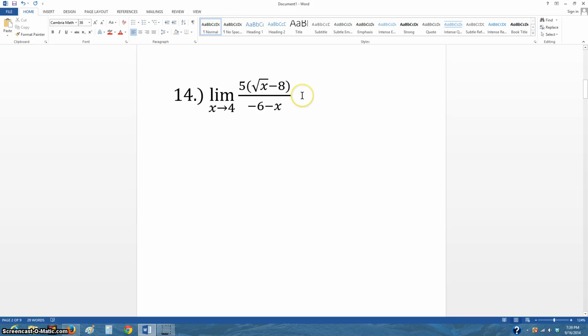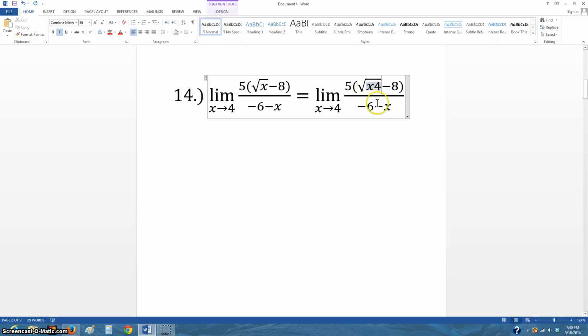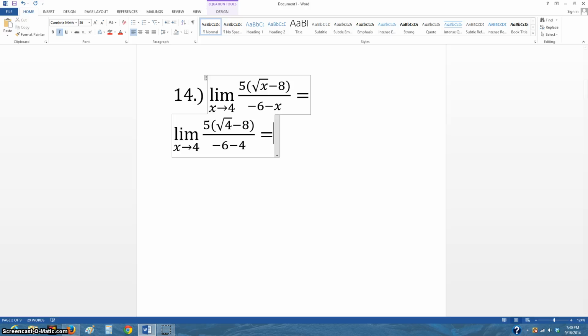Let's take a look. Can we direct substitute? I believe we can. So if we direct substitute, the 4 goes in here, and the 4 goes here. So let's go ahead and continue.